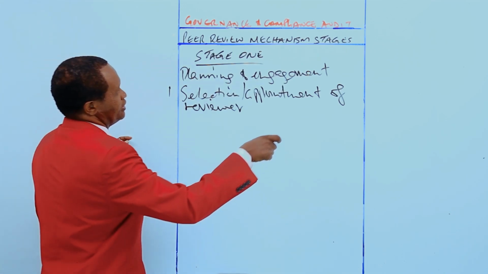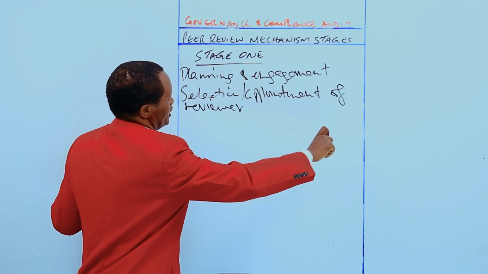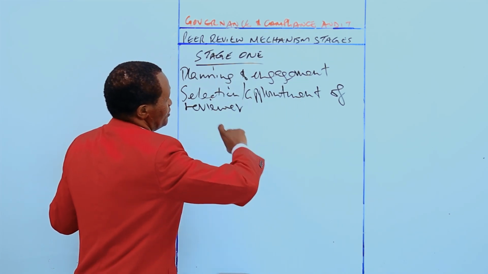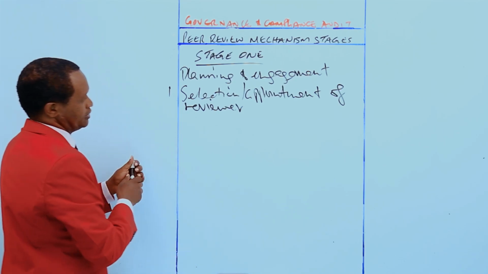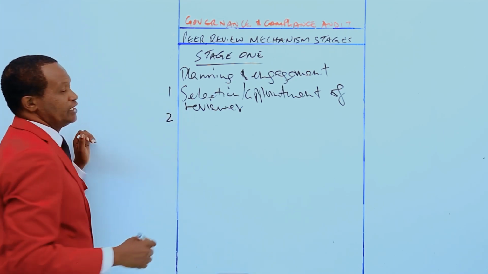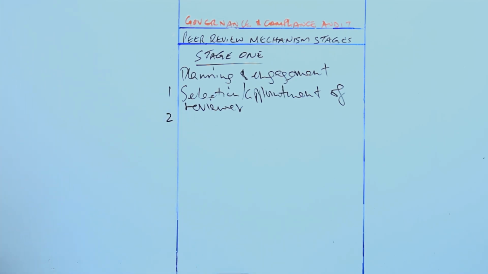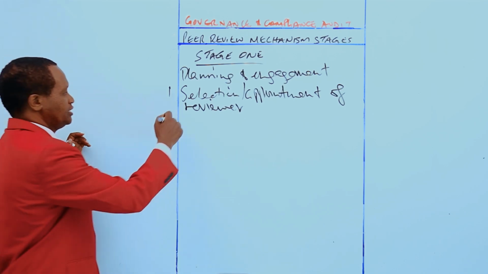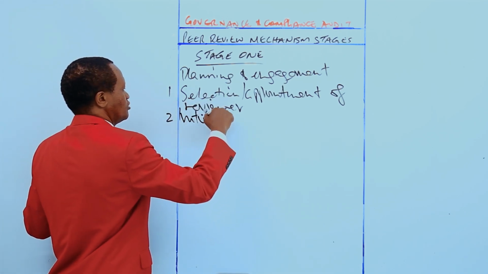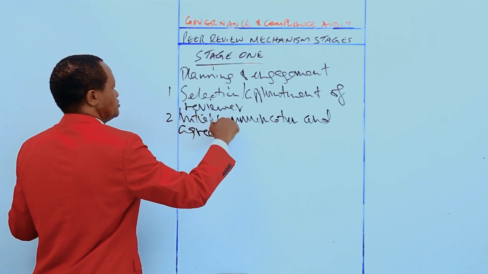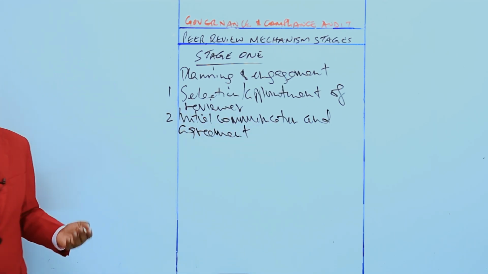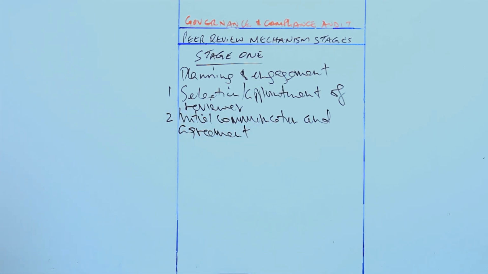So the reviewed firm or entity formally engages and appoints a reviewer. That's step number 1. Step number 2 is the initial communication and agreement. These parties must agree before the commencement.